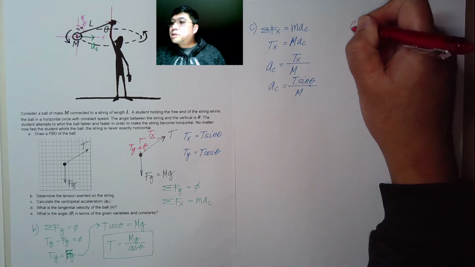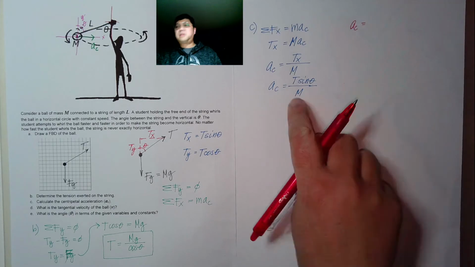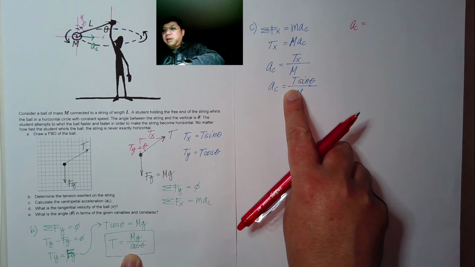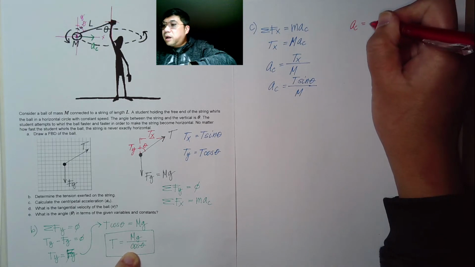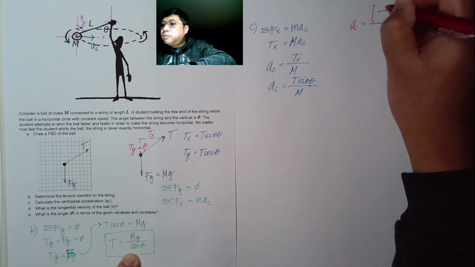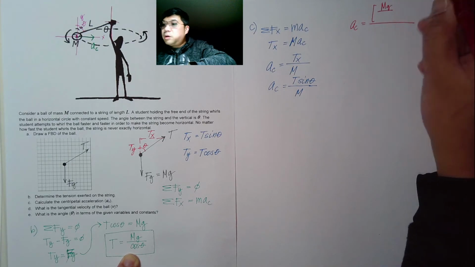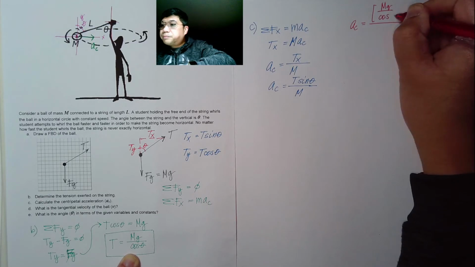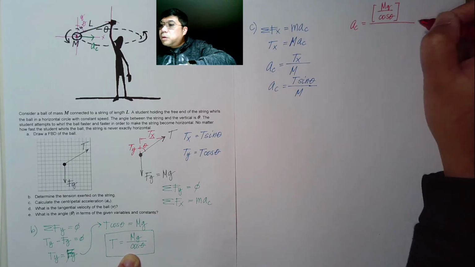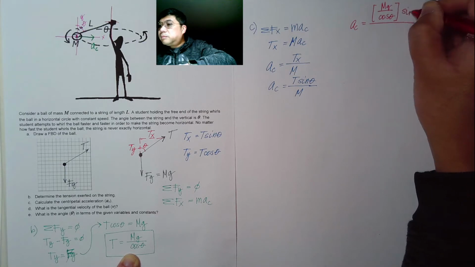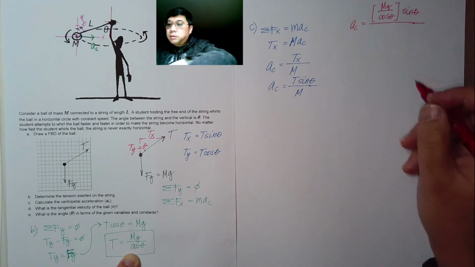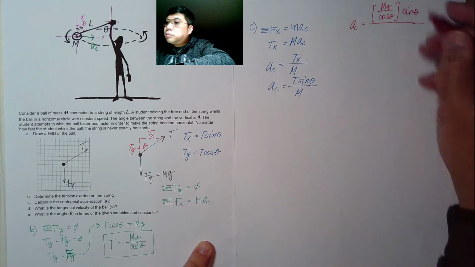So for the centripetal acceleration, instead of using T, let's plug in this value right here, which means I will replace my T with mg over cosine theta, multiplied by sine theta, over m, which is our m.